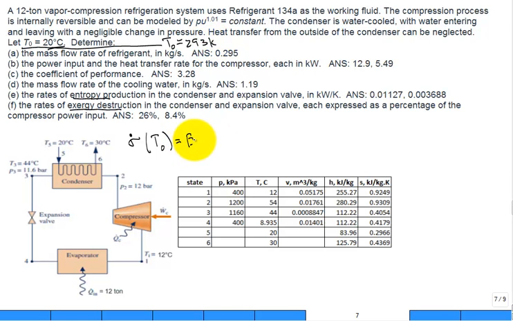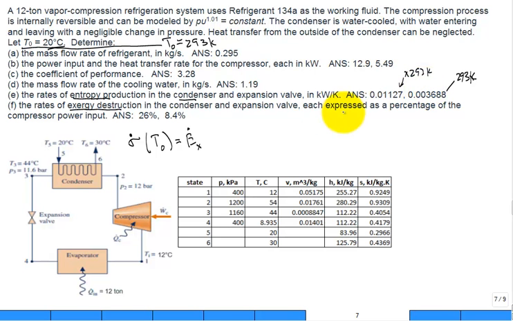And then you'll get the rate of exergy destruction in each of those components. So just take this value for the condenser, multiply by 293 Kelvin. It'll make it into kilowatts. Likewise, here, times 293 Kelvin, and that'll give you the rate of exergy destruction in each of those components.